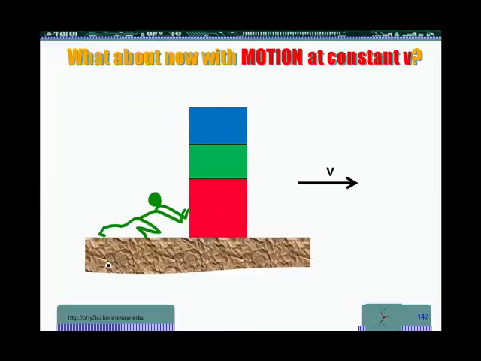Now, what about if they are moving at constant velocity? If they are moving at constant velocity, everything is the same as the previous screen, except for one thing. This friction force that the floor exerts on the red, in this case, it's going to be kinetic friction instead of static, like in the previous case.